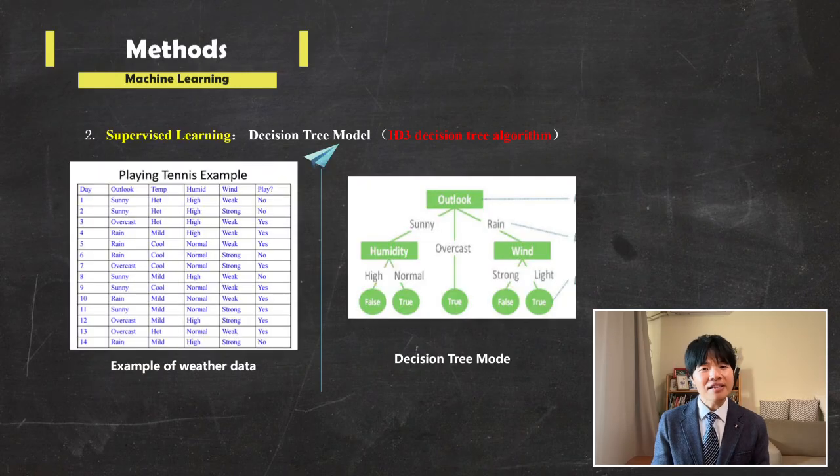Now, let's summarize the basic idea of using the decision tree algorithm. First, we need feature selection. This involves deciding which feature will be the root node and which will be the non-leaf nodes, also known as the branch nodes. Next, we generate a decision tree.